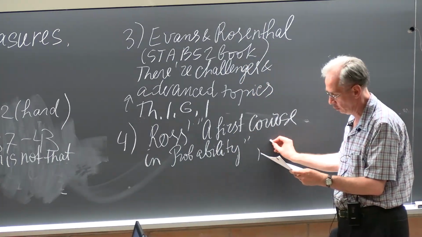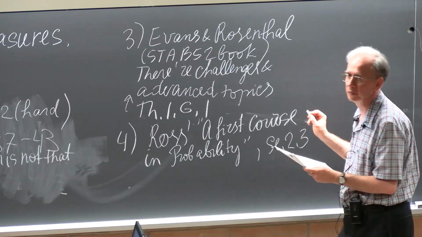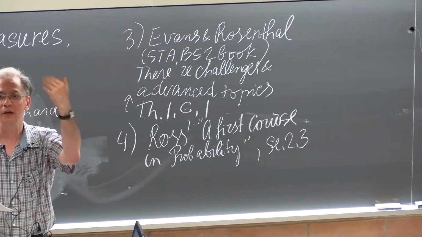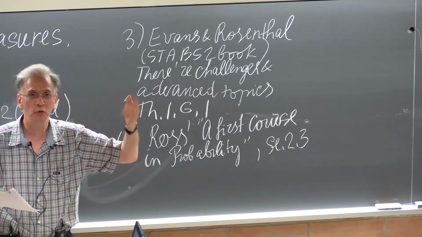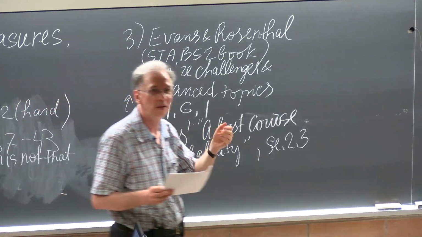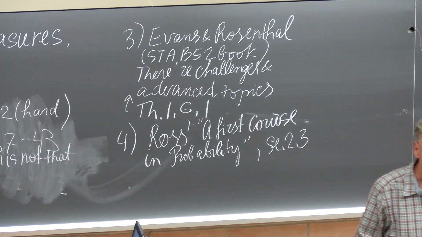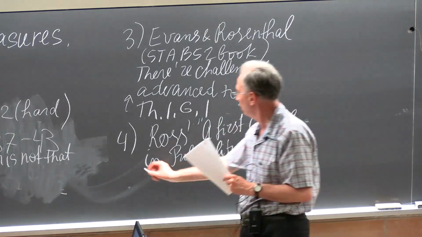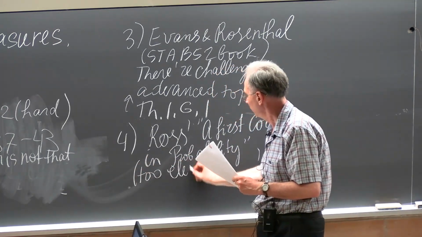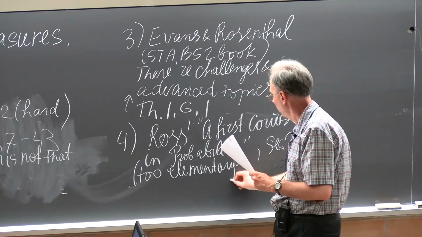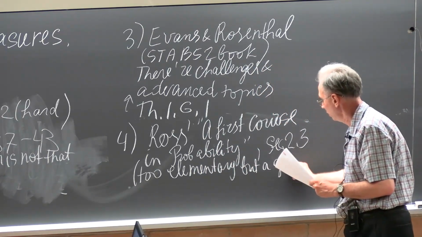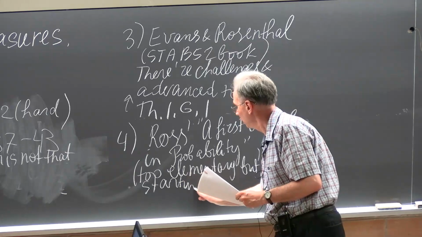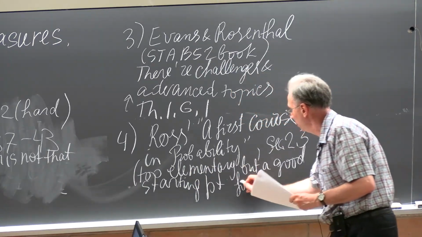What you need to consult would be section 2.3, which is actually not covered in this course, but it's a kind of review of what you might have heard in STAT B52. This section 2.3 from Ross' book is too elementary, but a good starting point for review.